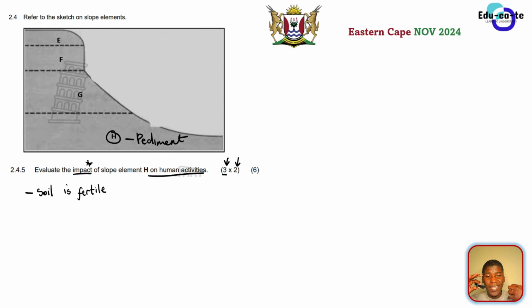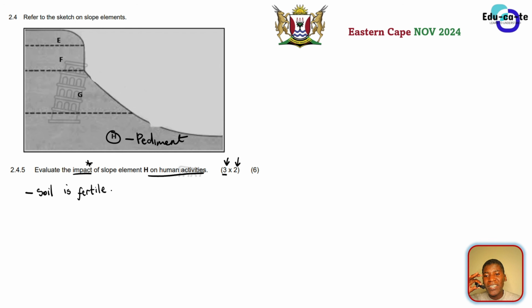We can talk about the soil quality at the pediment. Basically, the soil at the pediment is fertile. So we have got soil of good quality, or fertile soil, at the pediment. That is a characteristic. And how does that impact us as humans?